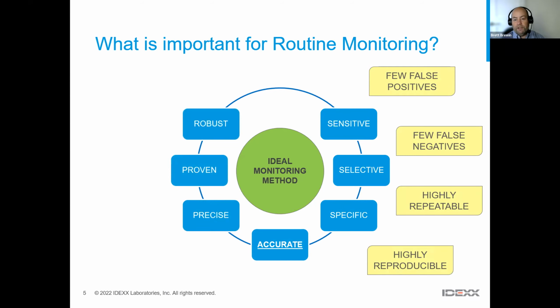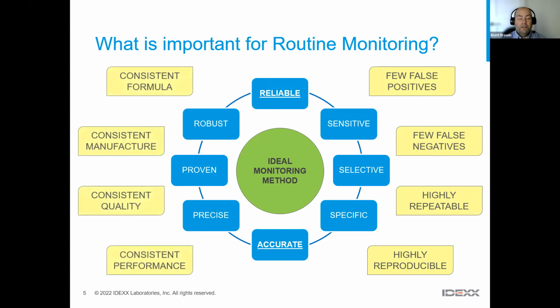We also want it to be precise, proven, and robust so that you know that it is a reliable method. That means we need consistent formulation of the media used with the method, consistent manufacturing processes, consistent quality, and consistent performance.